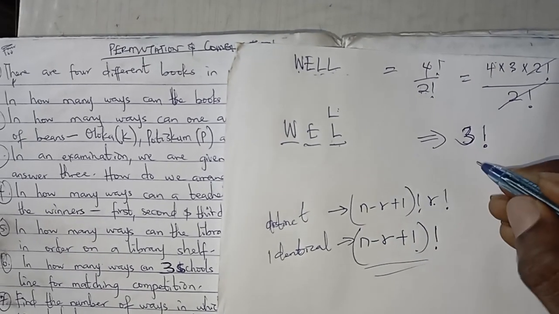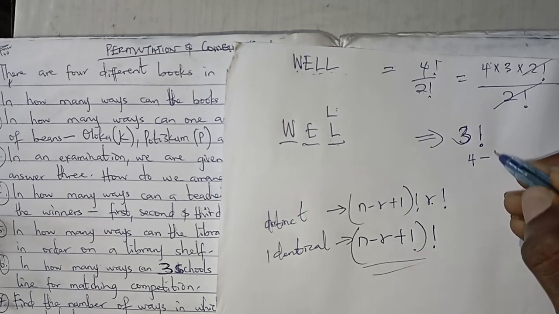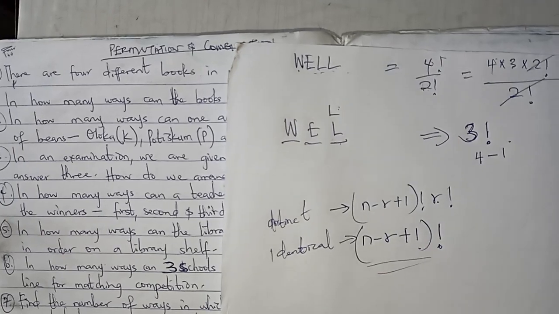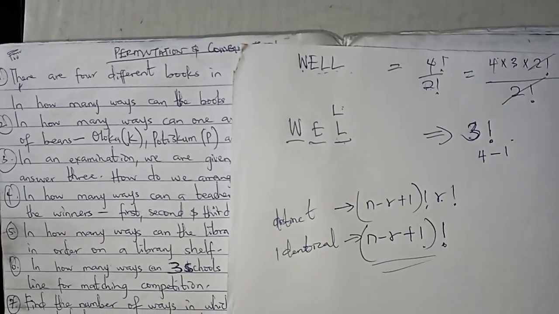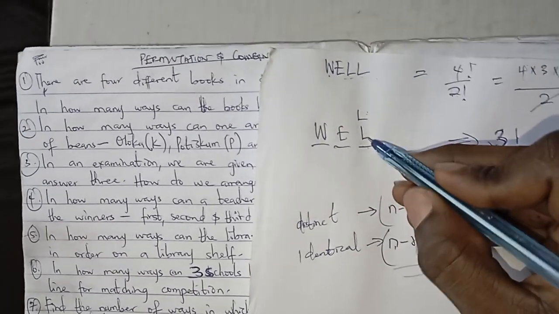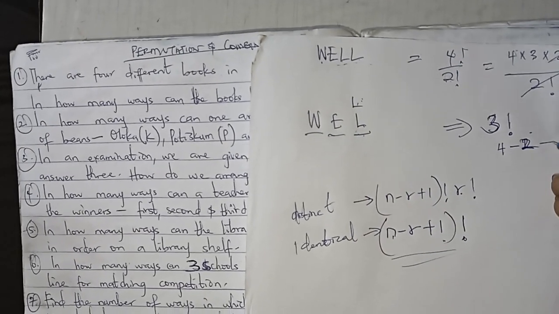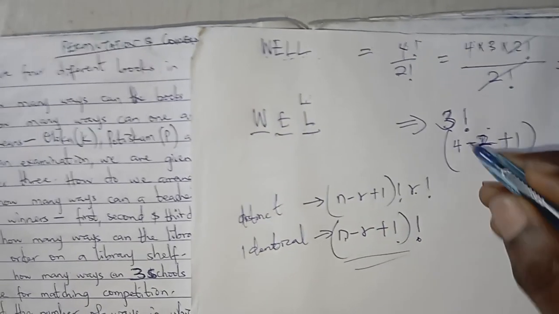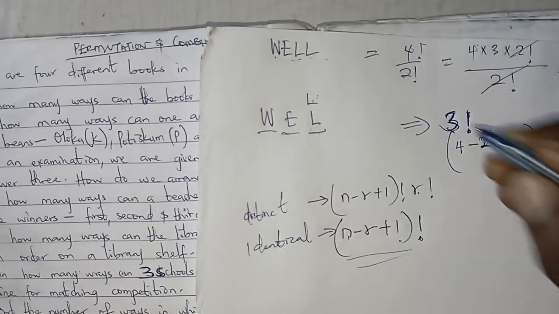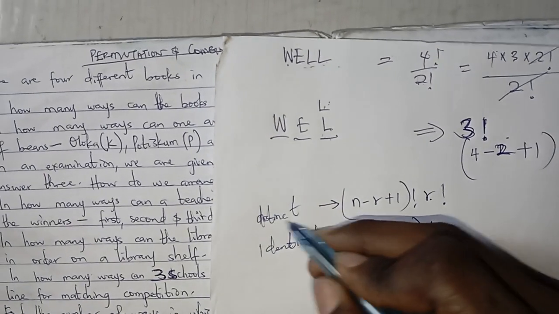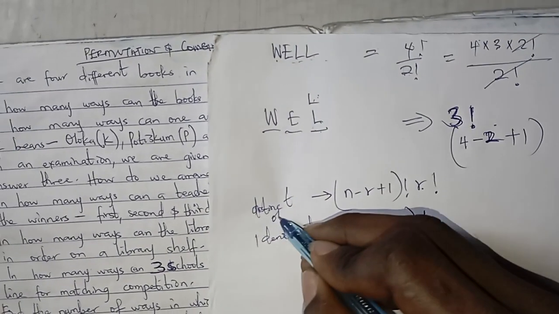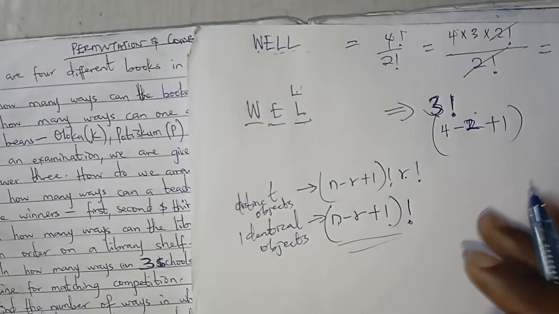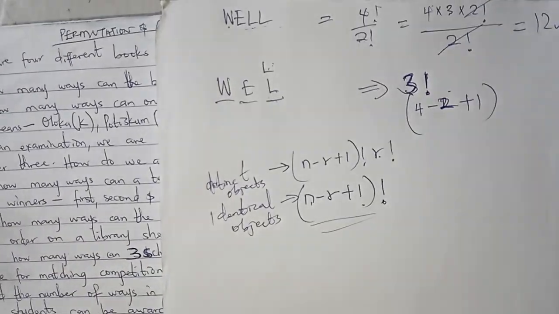If you check, it is 4 minus r plus 1, which is 4 minus 2, which is 2, plus 1, giving 3 factorial. So under this conditional permutation, you have when you are dealing with distinct objects and when you are dealing with identical objects. For the L and L together, I just leave it here.